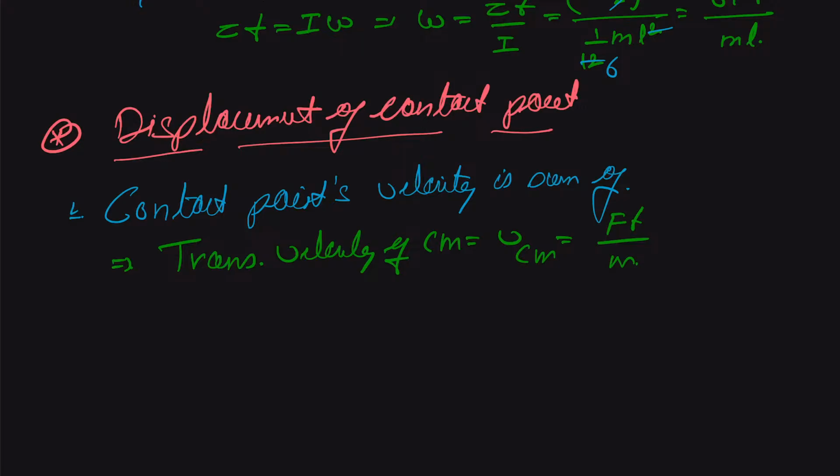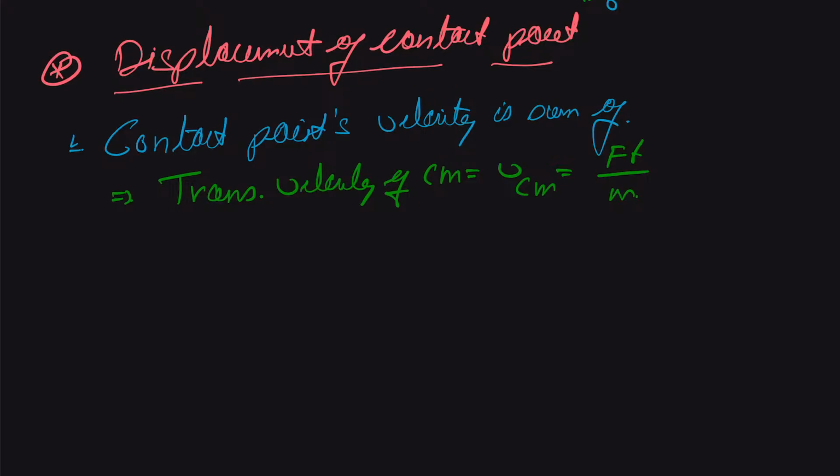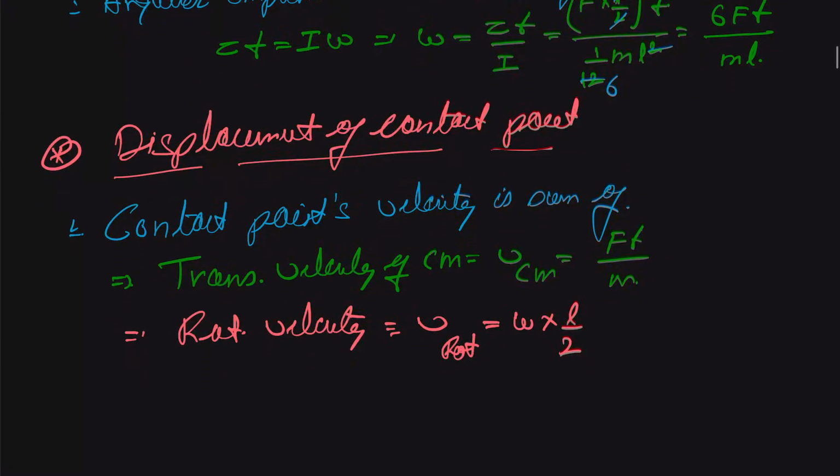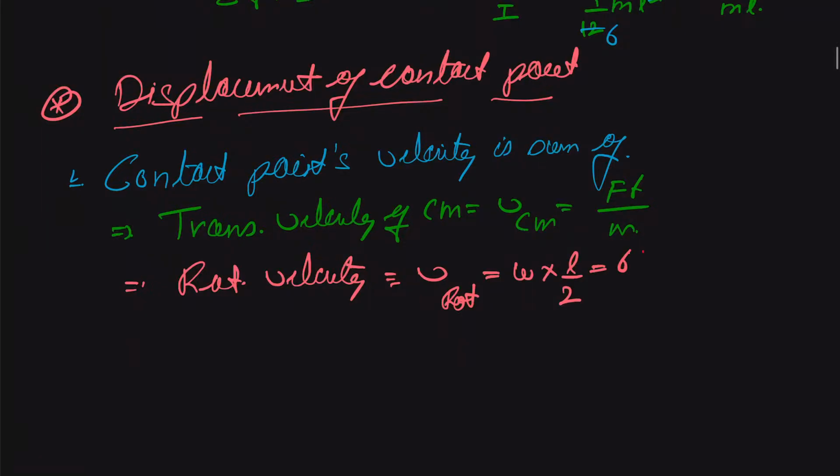And second comes our rotational velocity, and rotational velocity will be equal to, suppose, v rot will be equal to our omega multiplied by L by 2, and omega we just found out is 6 Ft upon ml, so this comes as 6 Ft upon ml times L by 2.